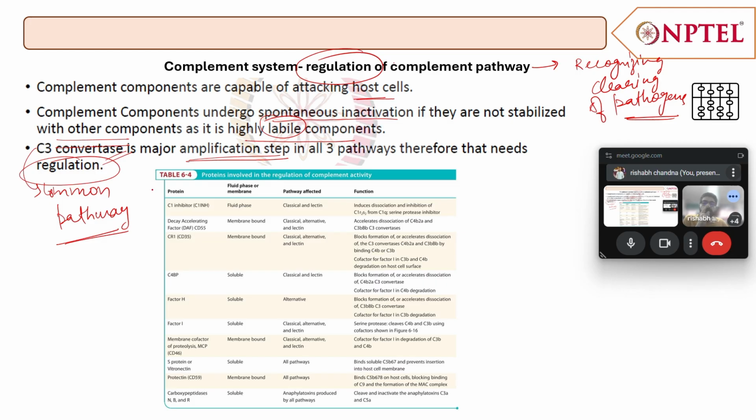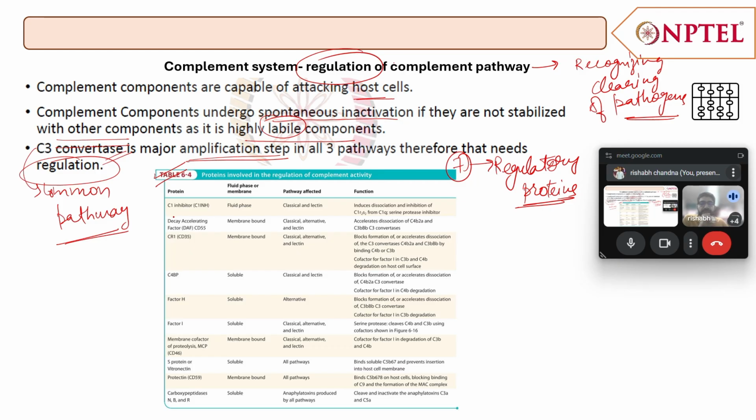So now we have certain proteins that are part of the regulatory component of the complement system. So remember class 7 that had the regulatory proteins. These are the regulatory proteins that are involved in the complement system.